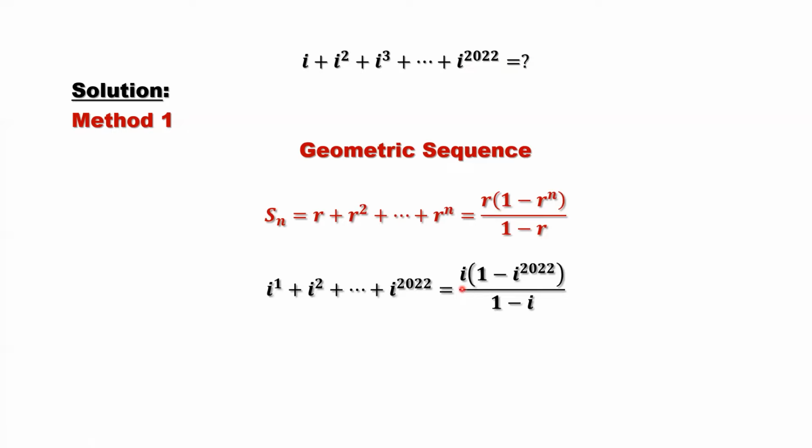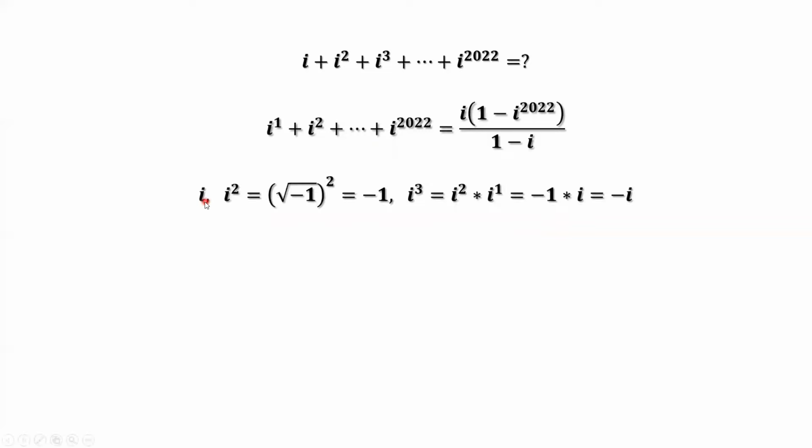Now the question is how to simplify i to the power 2022. i squared equals the square root of -1 squared, which is -1. i to the power 3 equals i squared times i to the power 1. i squared is -1 here, so -1 times i equals -i. i to the power 4 equals i squared, then squared. i squared is -1, then squared equals 1.